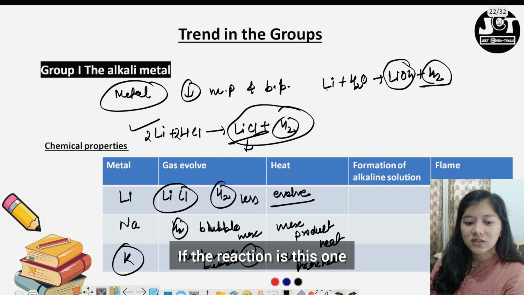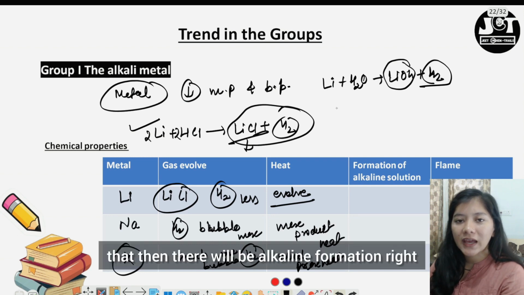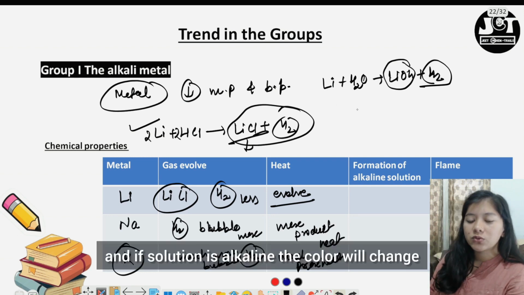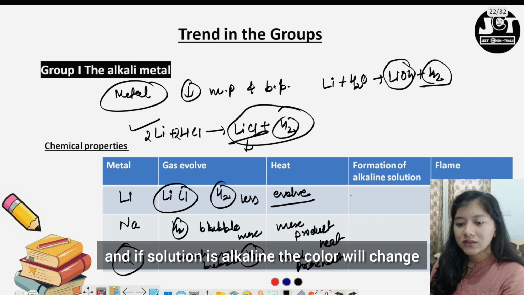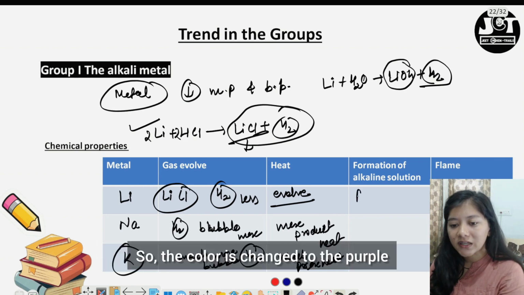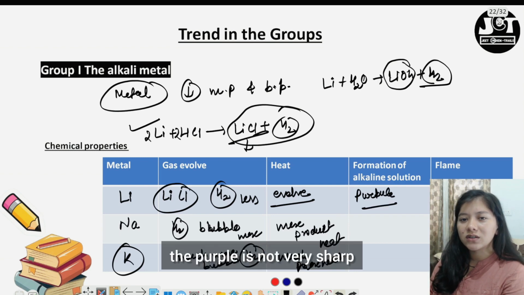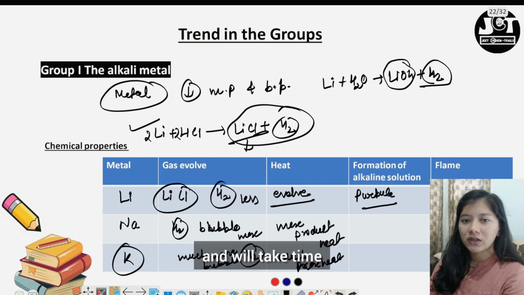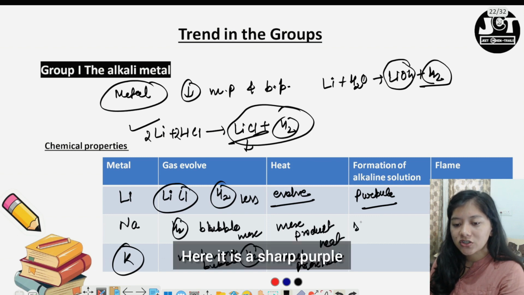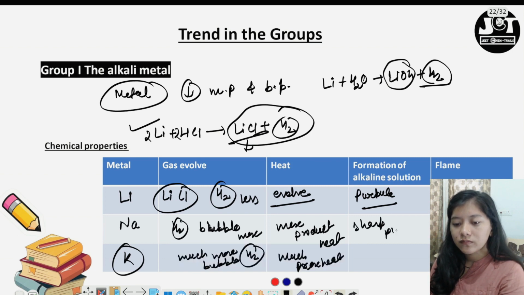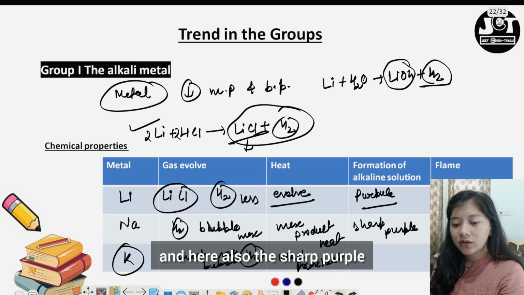If the reaction is this one, then there will be alkaline formation, right? And if the solution is alkaline, the color will change. So the color changes to purple. But in the first case, in the case of lithium, the purple is not very sharp and will take time. Here it is a sharp purple, and here also a sharp purple.